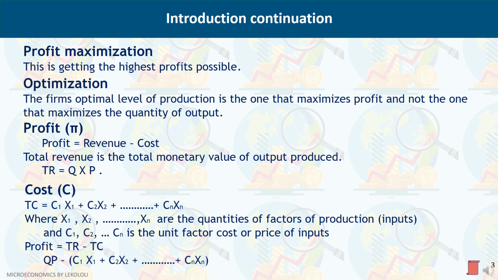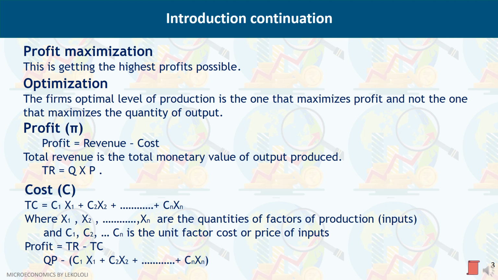We need also to understand what these terms like profit maximization mean. This is like hitting the jackpot in business. It means making as much money as you possibly can. It is the dream of every entrepreneur.